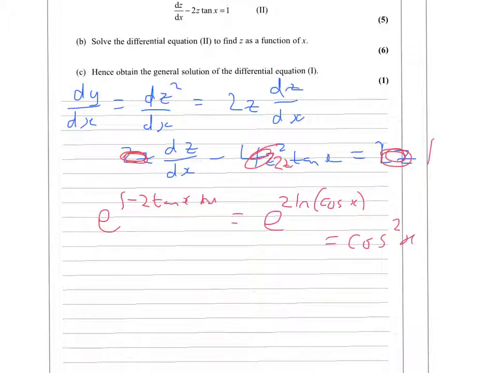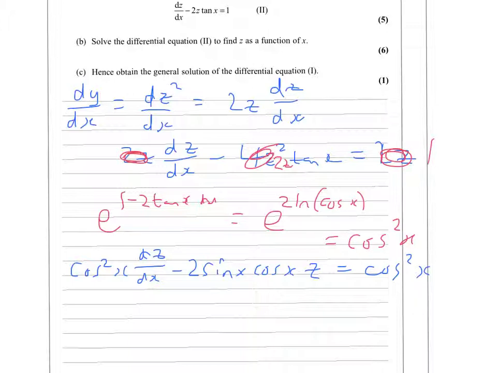So multiplying through equation 2 by this, we end up with cosine squared x dz by dx minus 2 tan x times cosine squared. Well, tan is sine over cosine times cosine squared is sine times cosine, I think, equals cosine squared x.